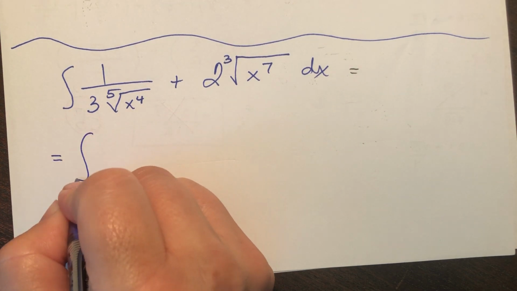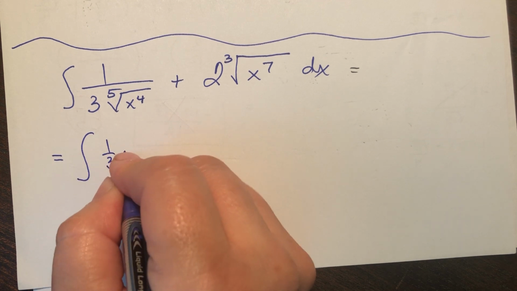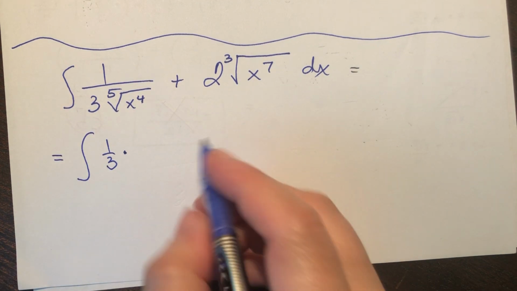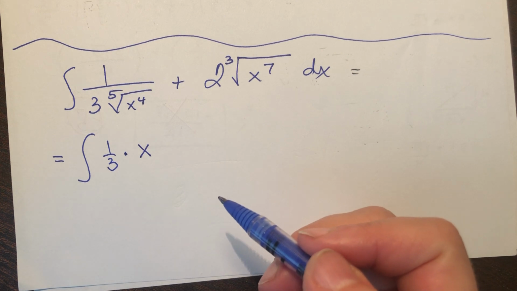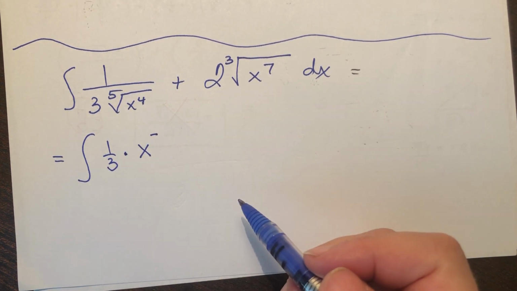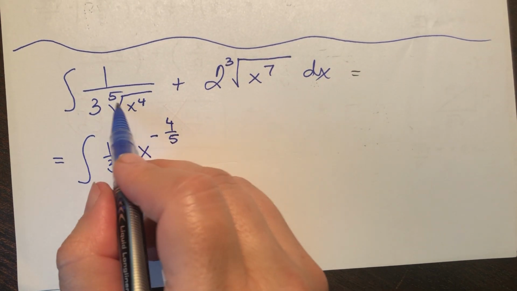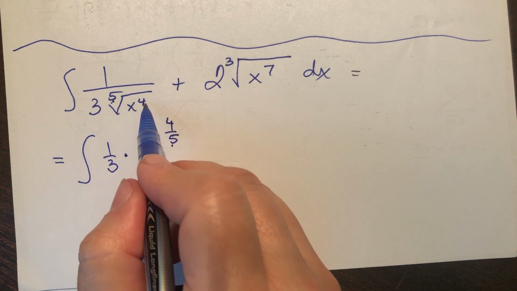Okay, so that's going to be an integral of 1/3. I'll keep it as my coefficient, right? That's what that x is multiplied to, 1/3, right? Okay, this is an x to the what kind of an exponent do I have? Again, remember it's going to be a negative because it came from a denominator. And then 4/5, because you always divide. This is the fraction, the denominator of the fraction, and that's the numerator.